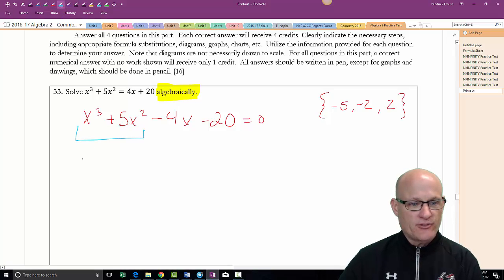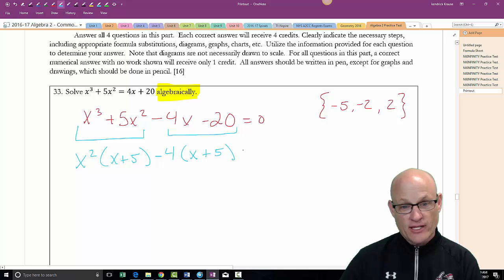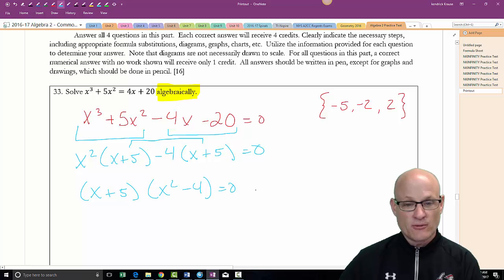What can I take out of these two? I can take out an x squared, and I'm left with x plus 5. I always copy over the sign. What can I take out of these? I take out a -4, and I'm left with x plus 5. Don't forget, these parentheses have to match. My first set of parentheses is x plus 5. My second set is x squared minus 4 equals 0.